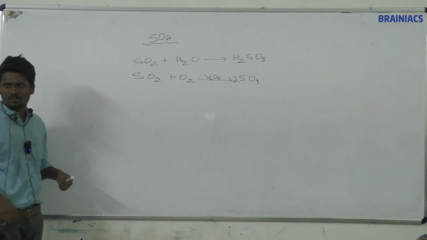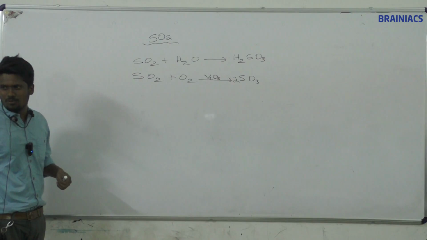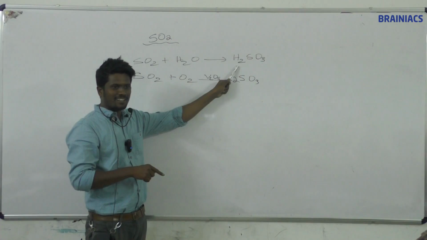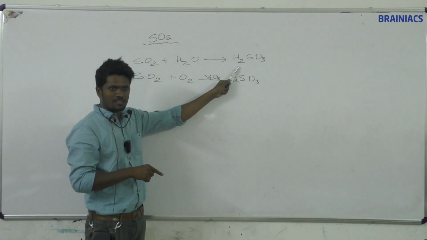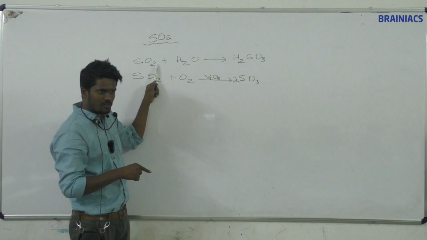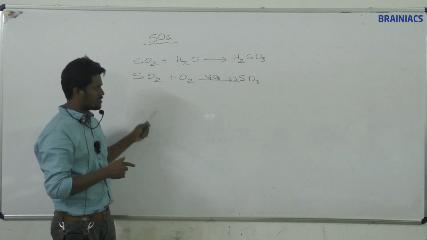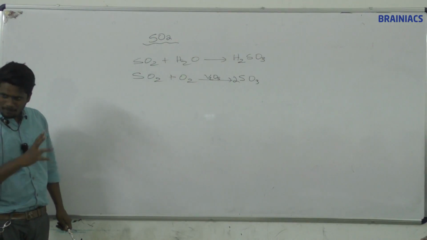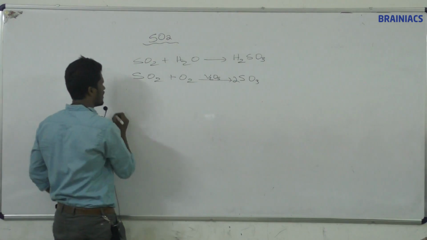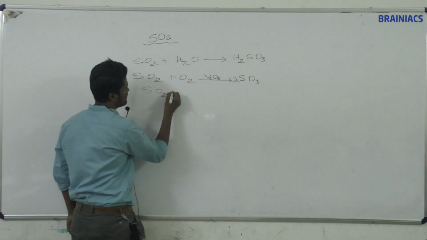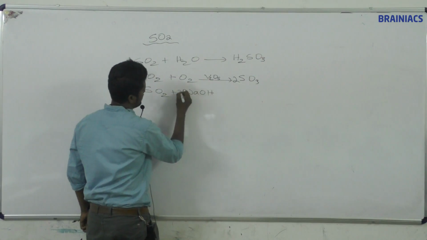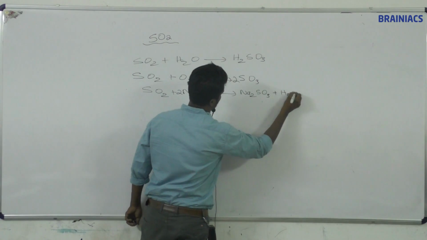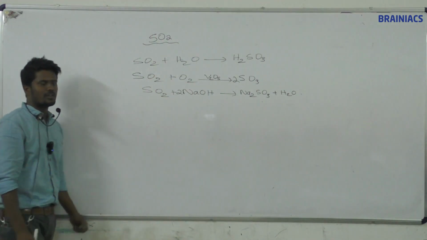Which is the most acidic among the oxygen family oxides? SO3 is the most acidic. SO2 with water gives sulfurous acid, so it is an acidic oxide. Being acidic, it neutralizes bases.